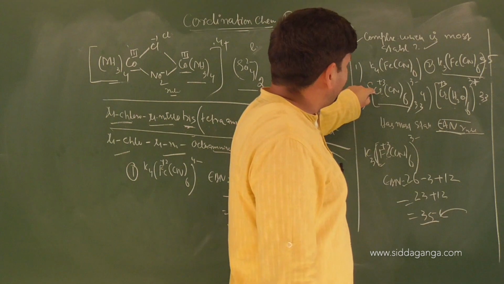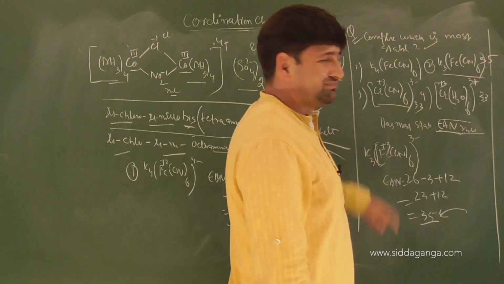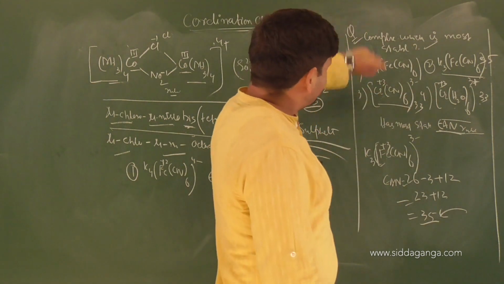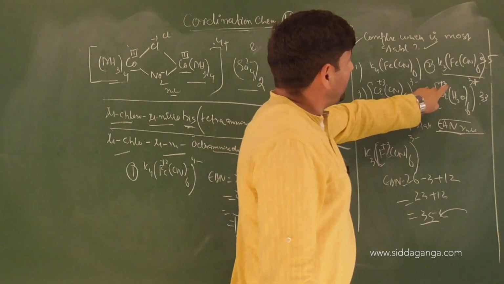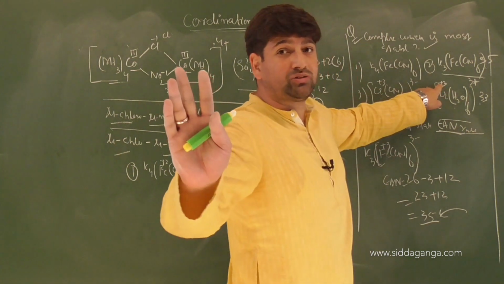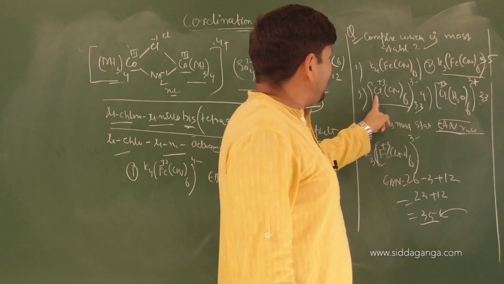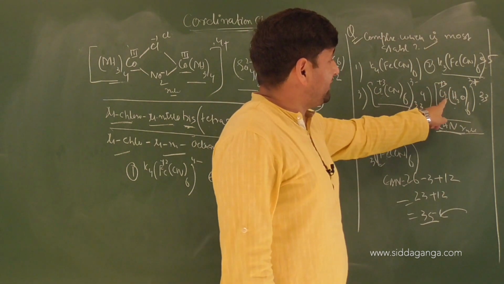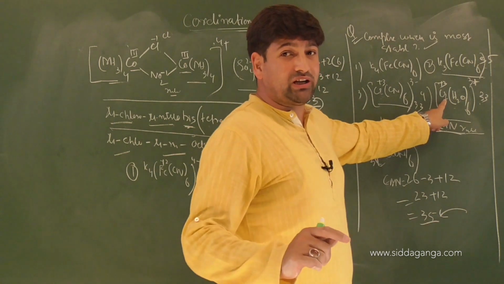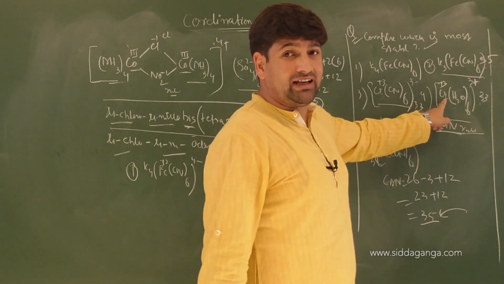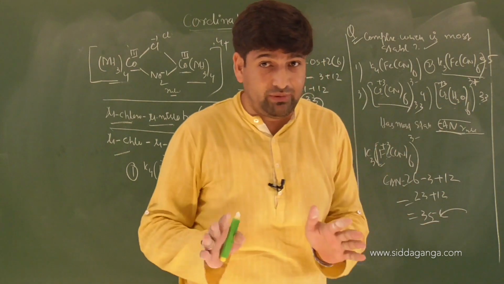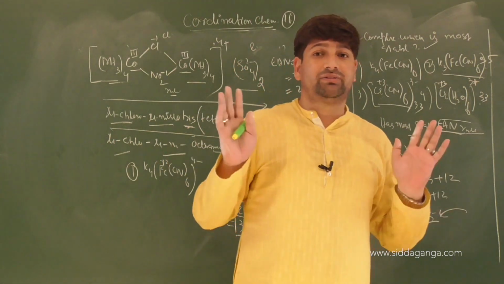Here the central metal atom is the same in both cases, right? The oxidation state of chromium here is +3. Here also it is +3. So the oxidation state will not help in calculating CFSE here. Even the number of electrons in the t2g set will be the same because it is a d3 configuration. Weak field or strong field doesn't matter here, because configuration wise it will be the same.